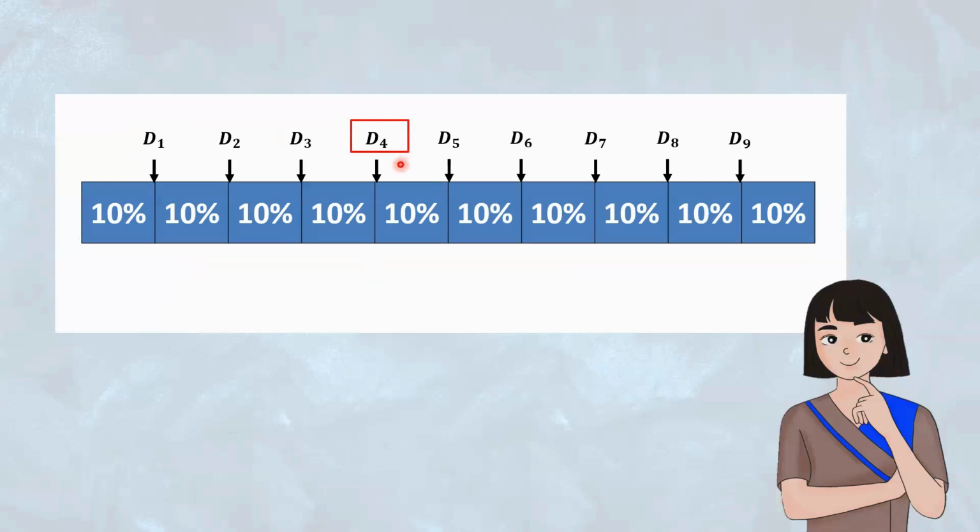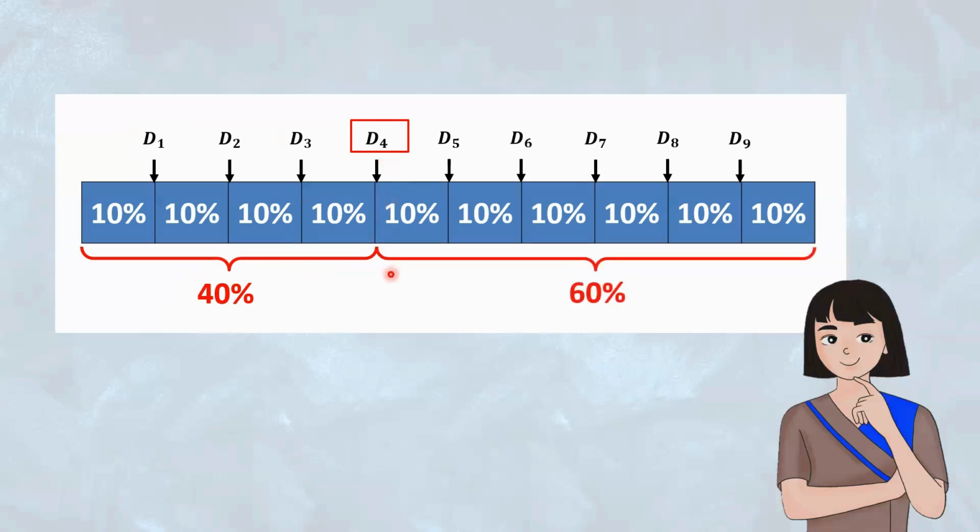If a score falls on decile 4, it means that 40% of the scores in the dataset are less than or equal to our decile 4 value, and the remaining 60% are greater than or equal to our decile 4 value.